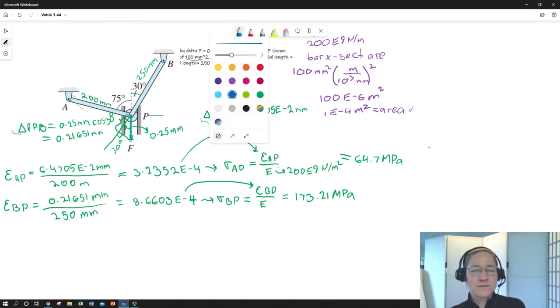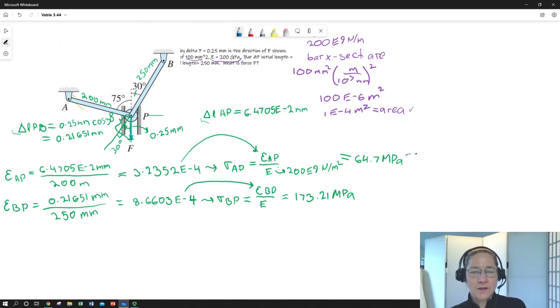So we can get force AP is equal to stress AP times area, which is 1 times 10 to the minus 4 meters squared.